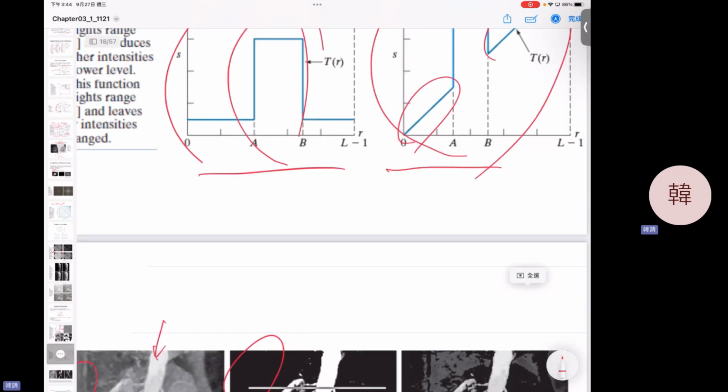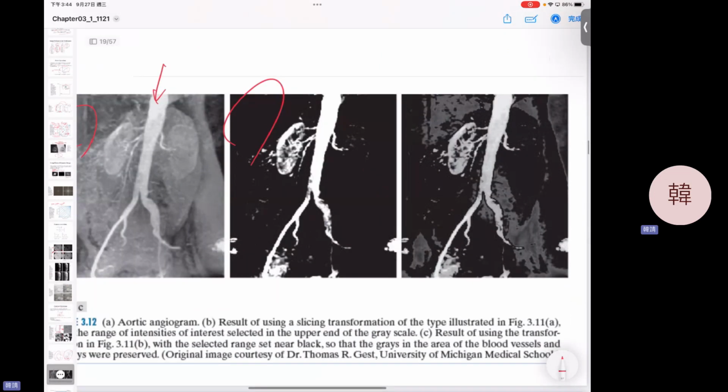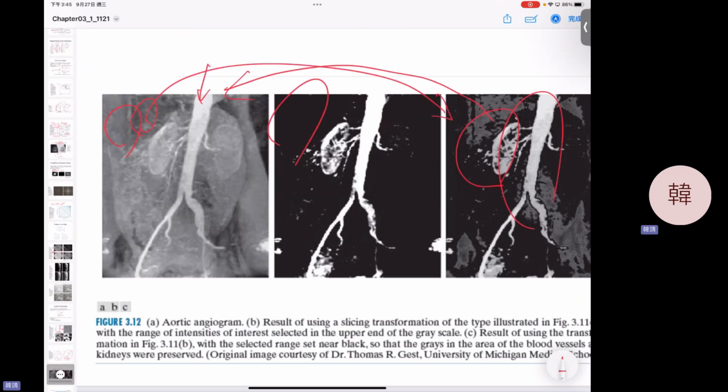So just a specific range become black, and then everything else like this one. So the transformation should be like this. A certain level become background, and the rest become original. So they keep the kidney and the angiogram the same as the original. And everything near the black color become black. This range become black.